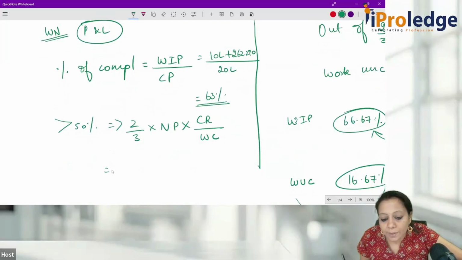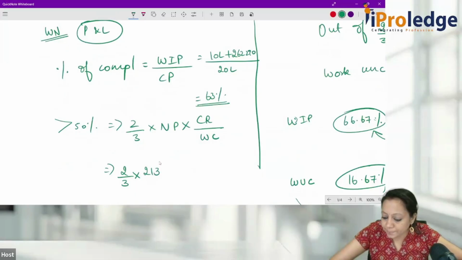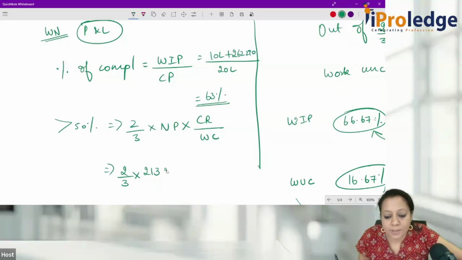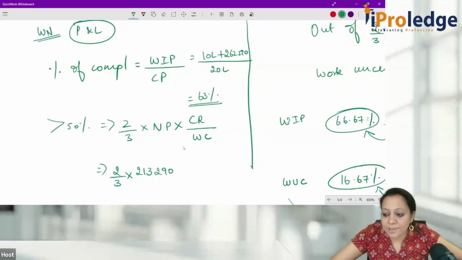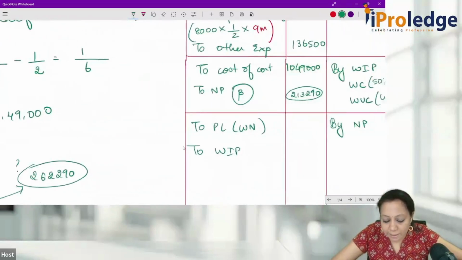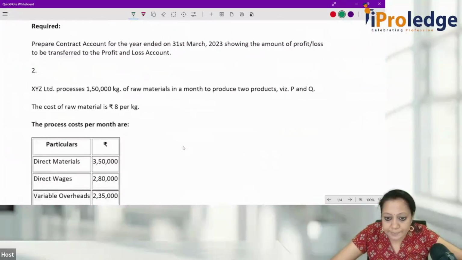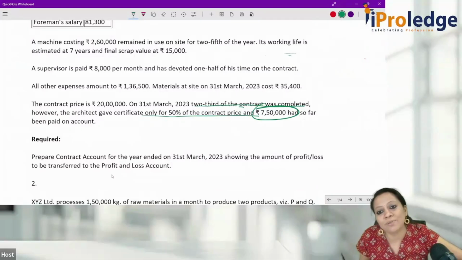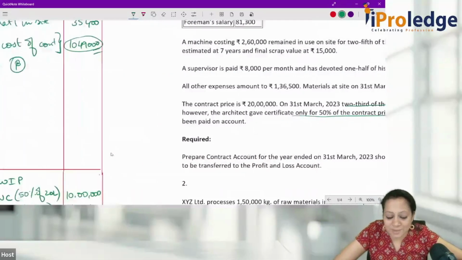Okay. So now 2 by 3 into notional profit. What is notional profit, dear? 2,13,290. 2,13,290 into cash received, which is given in the question. I forgot the amount. Cash received was given. Can you all see? This is the cash received. So far, 7,50,000 has been received.